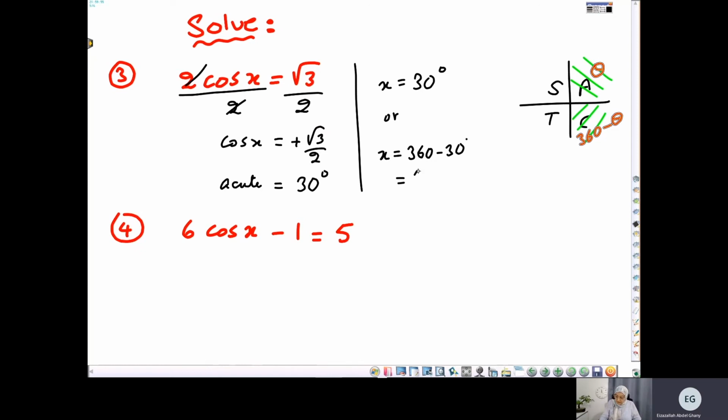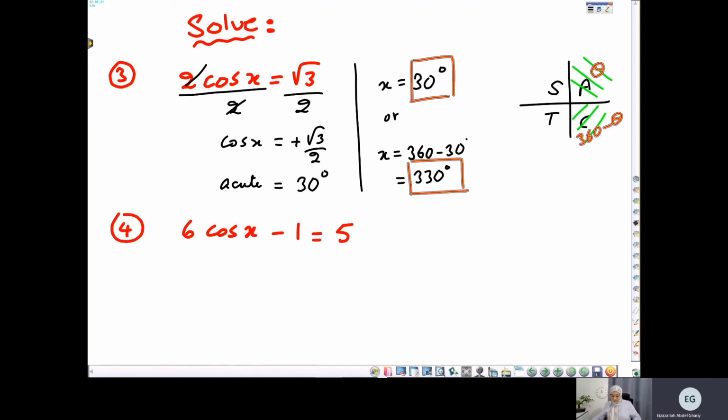It will be 330. We find two answers, because usually on the answer line, you will find two answer lines for trigonometric equations. How to check my work? Cosine 30 equals, yes, √3/2. Cosine 330, yes, it's also positive √3/2.